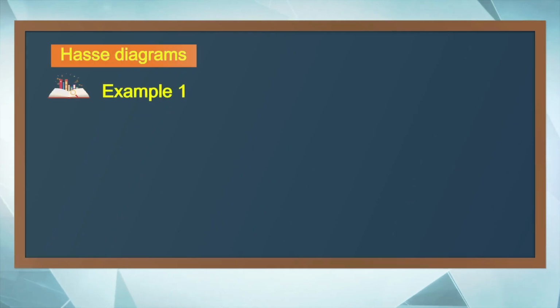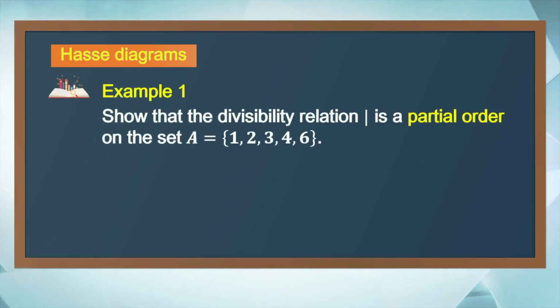Next, we are going to talk about Hasse diagrams, which are used to represent partially ordered sets. Let's illustrate Hasse diagrams with an example. Example 1. A is the set with the 5 elements 1, 2, 3, 4, and 6.